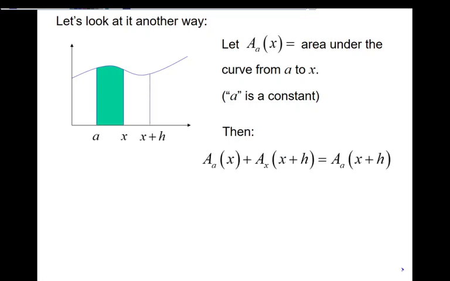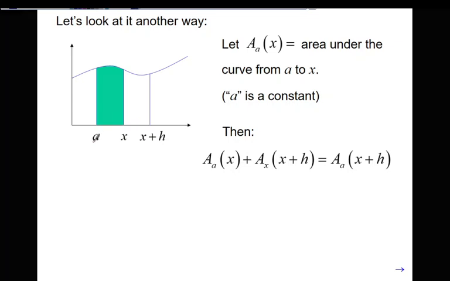If I divide it into another piece, now I've got two areas. I've got the area from a to x, this area here, and then I have another area from x to x plus h. Now h, we've talked about this before when we did limits: in the limit equation, h is basically the change in x.